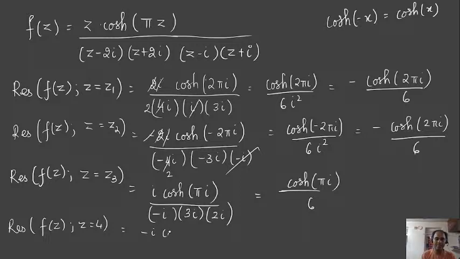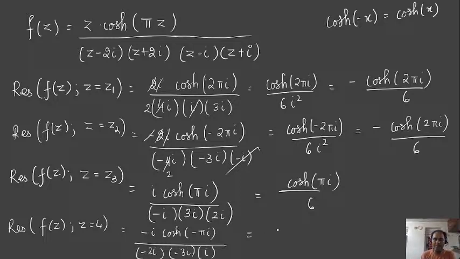Minus I times cos h minus pi I divided by, with minus I, this gets cancelled, minus 2I. Okay, and then there is minus I, so minus 3I, and then there is I. That minus minus gets cancelled.